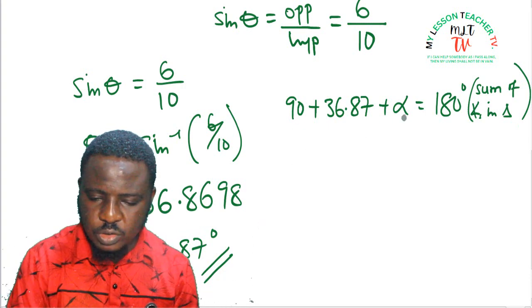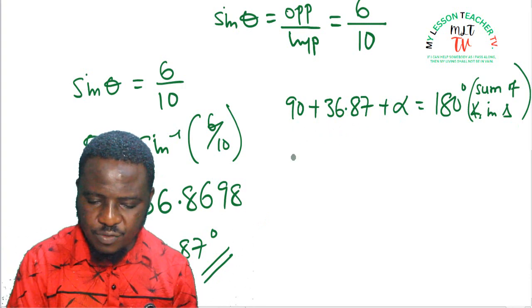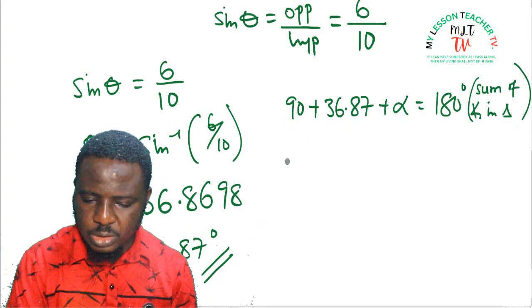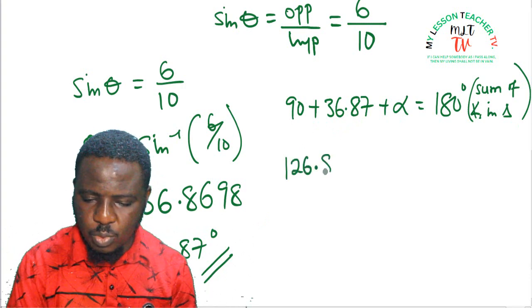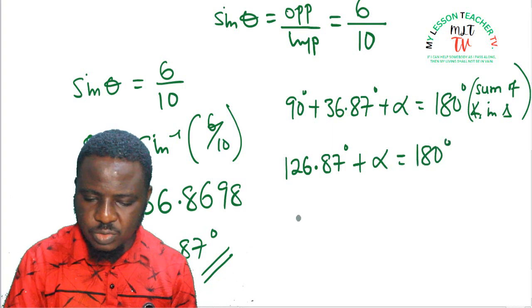So when you solve for alpha by summing up this, this is going to give us 126.87 degrees plus angle alpha is equal to 180 degrees.